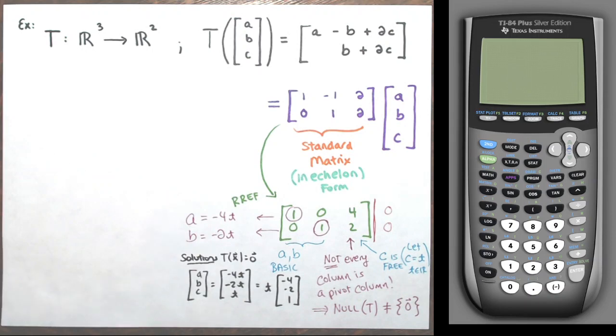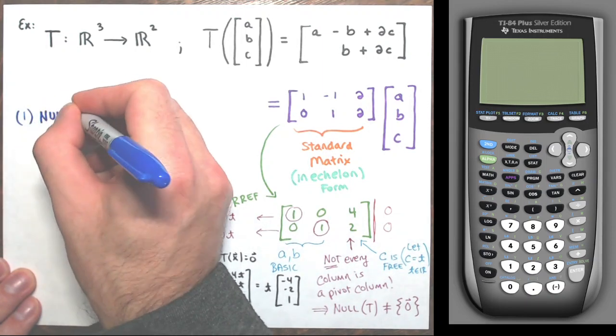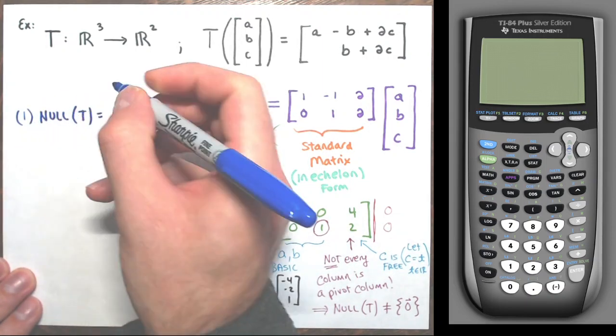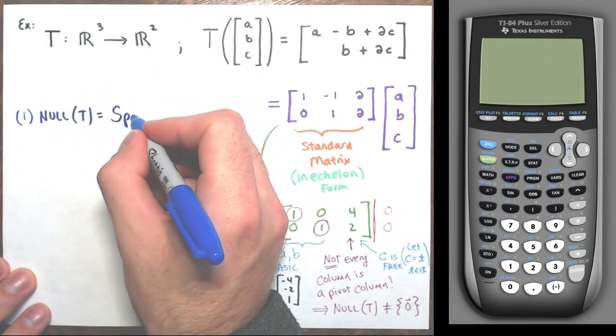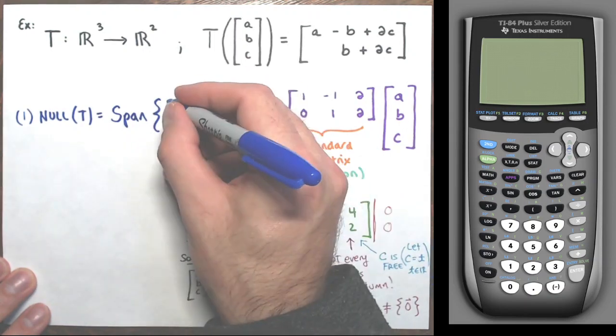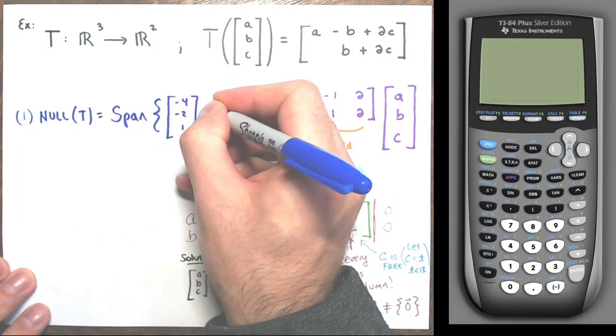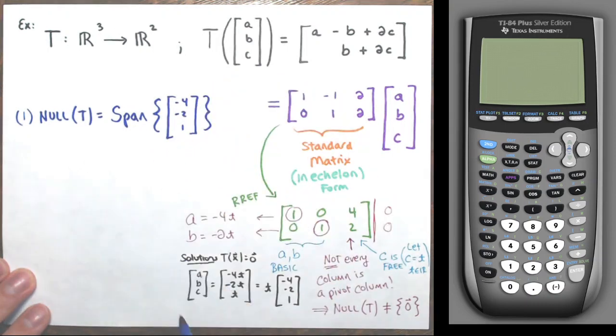So the null space of T is the span of the set with just that vector in it, negative 4, negative 2, and 1. Every single scalar multiple of that vector belongs to the null space. You plug in any multiple of this vector, you'll get the zero vector as an output.